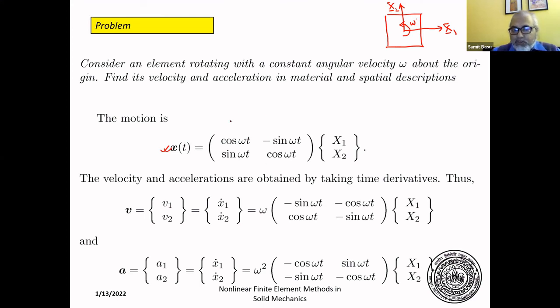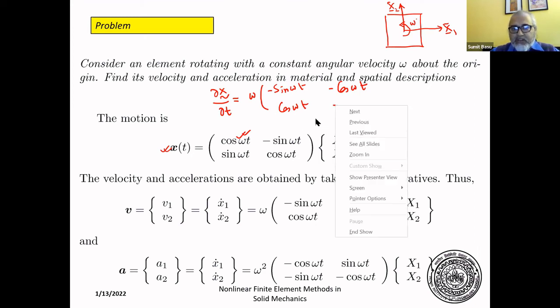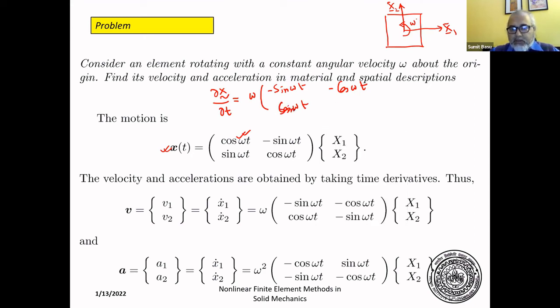You want to find the velocity by taking the time derivative. So you can do del x del t, which will give you omega times minus sine omega t, derivative of this, then minus cos omega t, then cos omega t, and this is sine omega t.